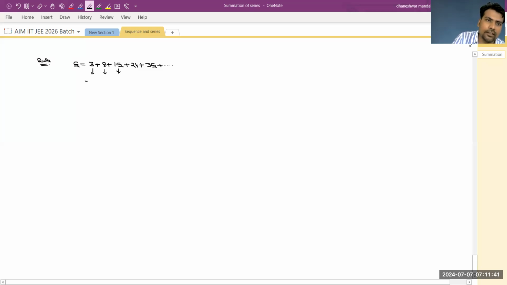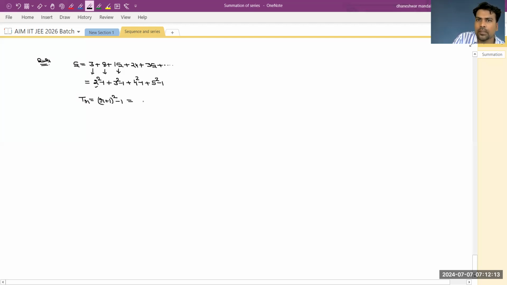So can I write this number in this way: 2 square minus 1, then 3 square minus 1, 4 square minus 1, and 5 square minus 1. So in a similar way, T of r: in the first term we have 2, it means in the rth term we have (r plus 1) square minus 1.